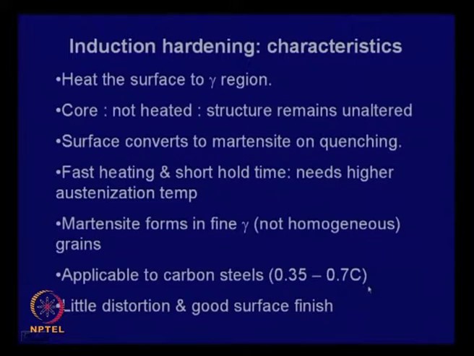So, it should have a relatively high carbon content, and only the surface is being heated and the heating time is also very short. Normally when you give a heat treatment, if there is a long soaking period, then the surface gets oxidized and surface finish is disturbed, but here the heating time is very short. Therefore, it retains good surface finish. There is little distortion because the total heat content is also less.